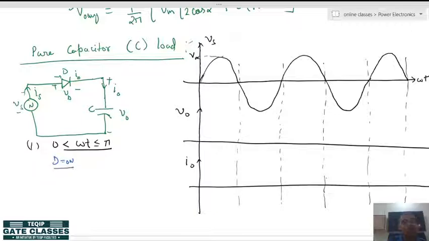So, when the diode is on, immediately the circuit will be like this and the capacitor will start charging. Plus minus V naught and I naught. Now, you see that the capacitor will start charging.